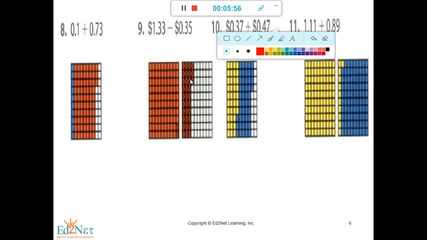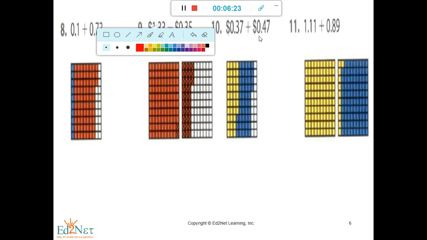So I start to cross 35 hundredths. I crossed 33 here, and I need to cross two other hundredths. So the answer will be this complete grid, except these 2. It's 98 hundredths, which is written as 0.98.